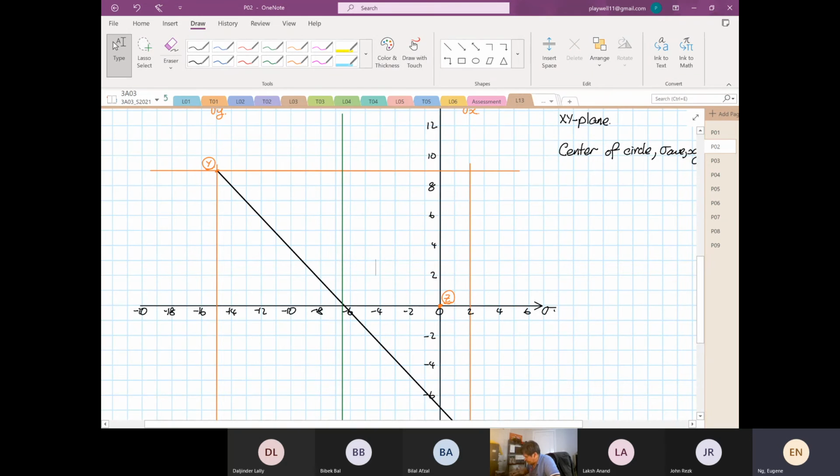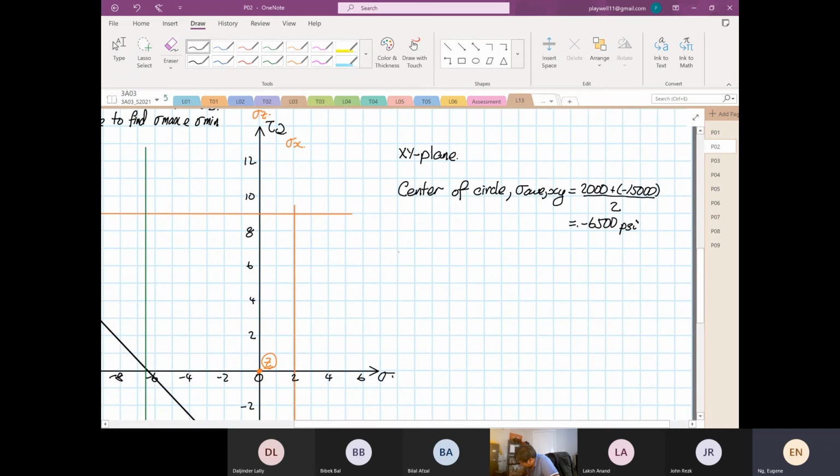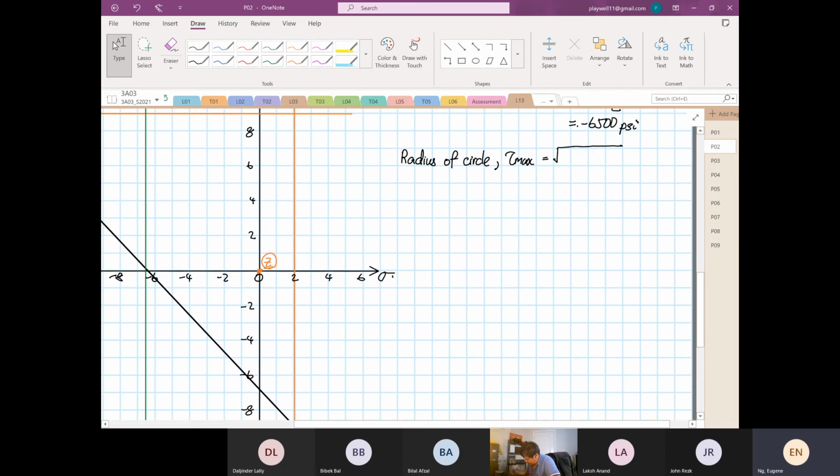Then we calculate our tau max, or the radius of the circle. This will be equal to the square root of, not minus 6,500, what I'm talking about is 8,500.